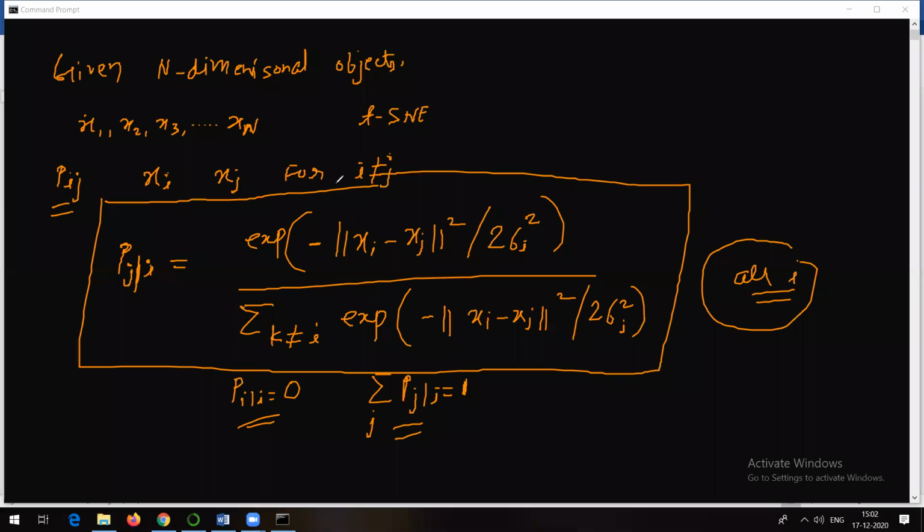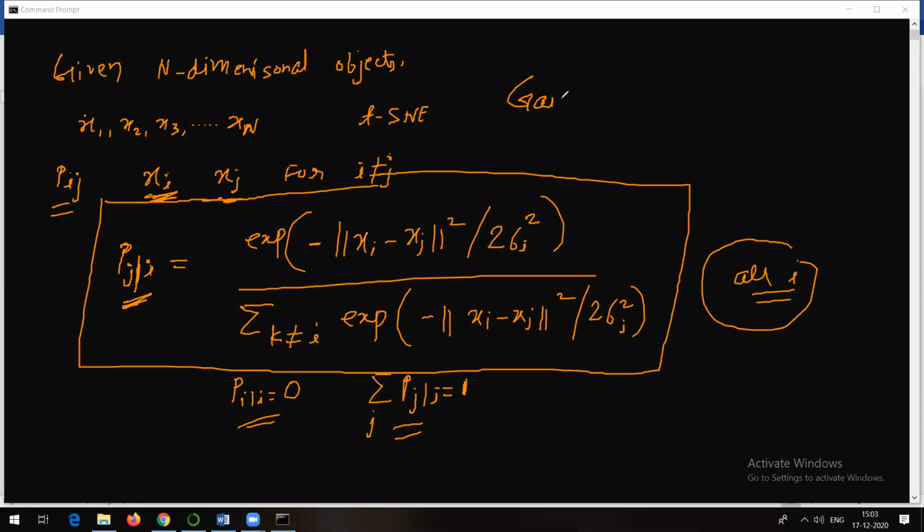Now, as explained by the people who came up with this particular equation, the similarity of data point xi to data point xj is the conditional probability pj given i, and that is nothing but xi would pick xj as its neighbor if neighbors were picked in proportion to their probability density under Gaussian centered at xi.